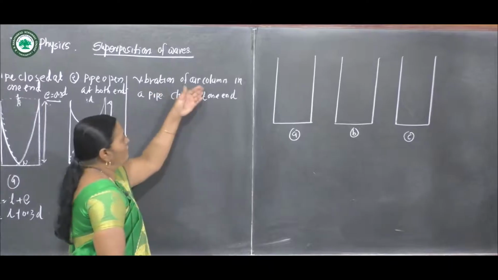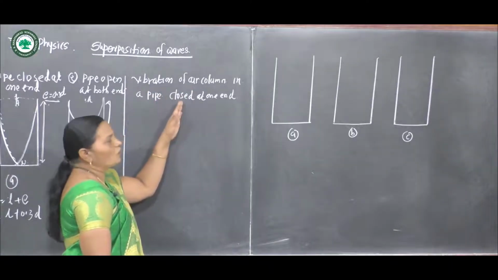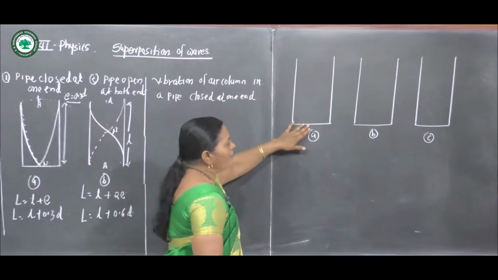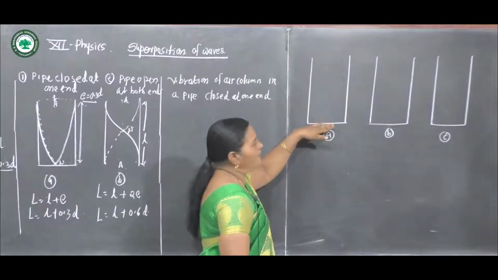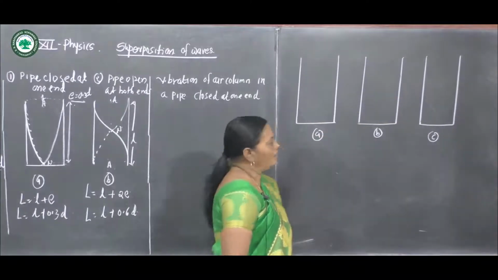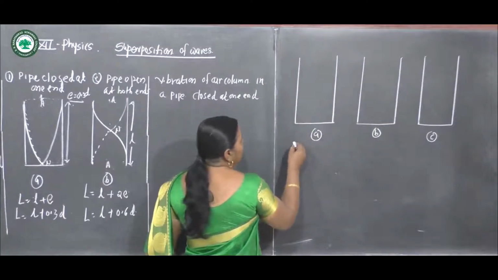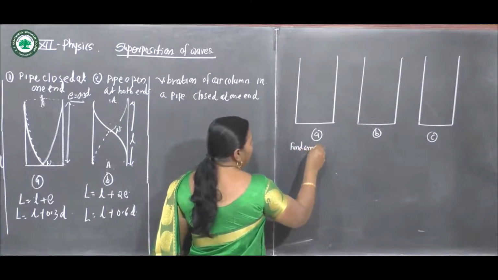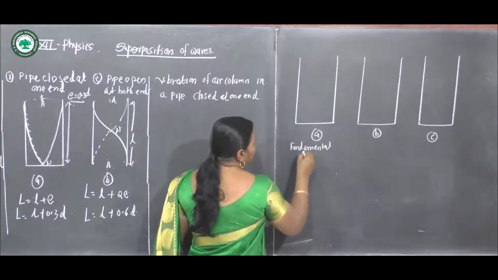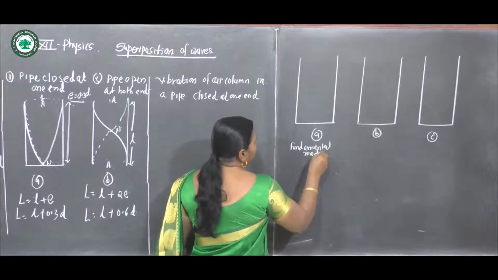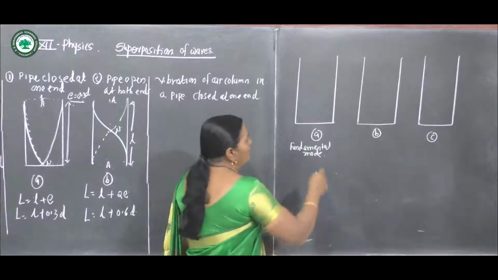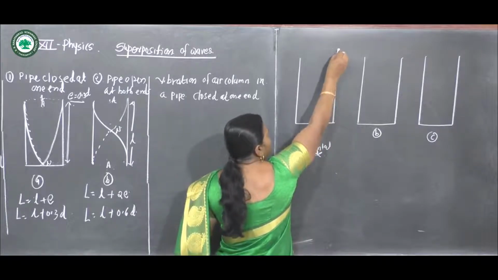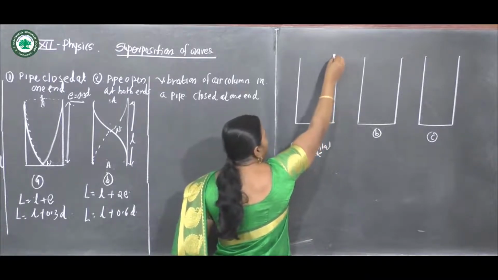Now vibration of air column in a pipe closed at one end. See in this figure, in each figure the pipe is closed at one end. Now this is the first, the fundamental mode, the lowest mode. In figure A, in fundamental mode, the vibrating tuning fork is held near the open end of the pipe.